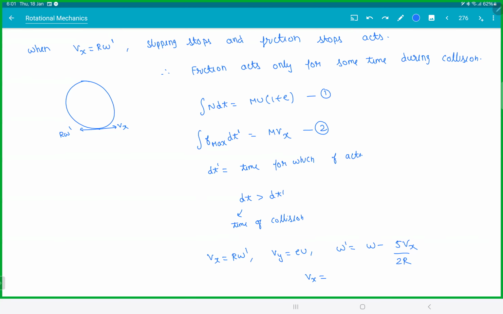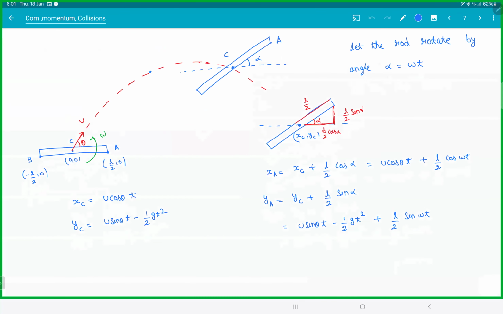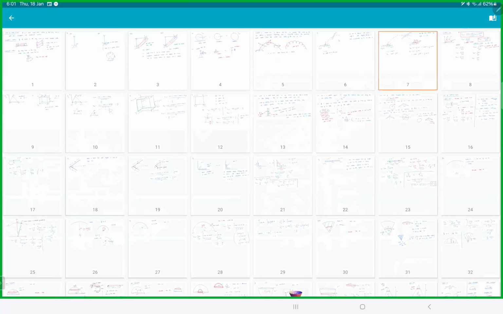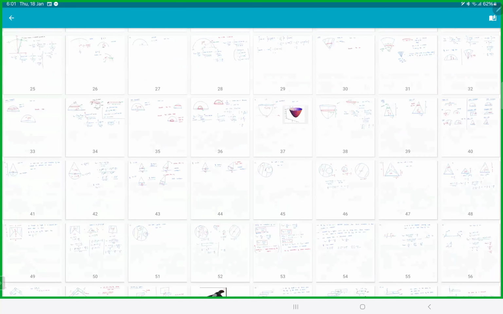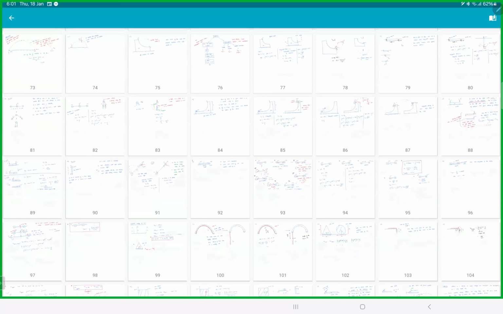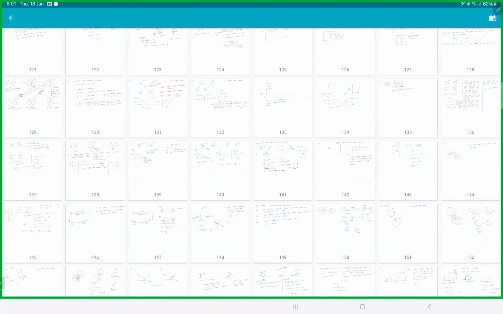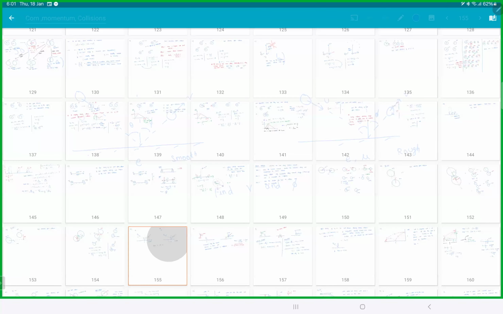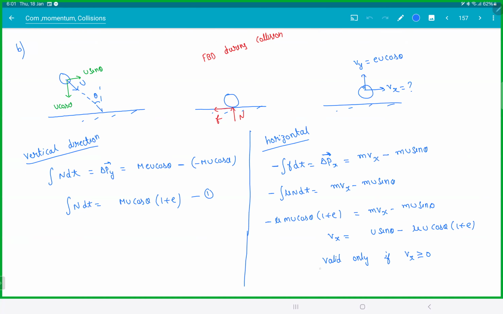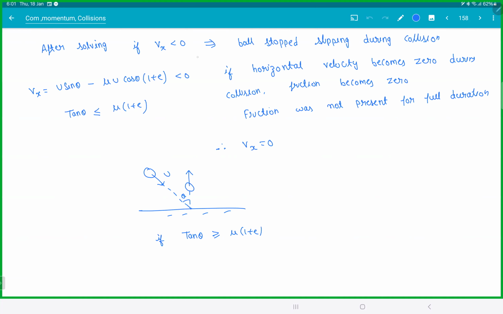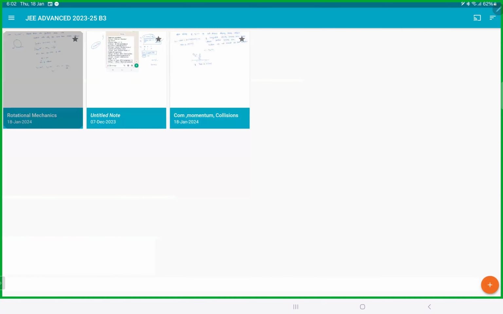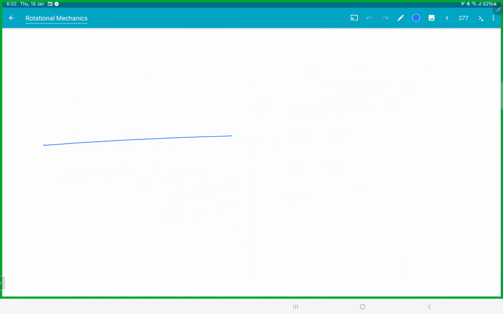We did a similar question in the collisions impulse problem, where the same thing happened when the bullet was hitting. Let me show you where it is. Do you guys remember this question? Same thing we wrote. See, valid if the horizontal velocity is greater than 0. If it is less than that, there will be no horizontal velocity and the ball will fly straight. In oblique collisions, there was a similar impulse based problem. So where will it land on the ground?